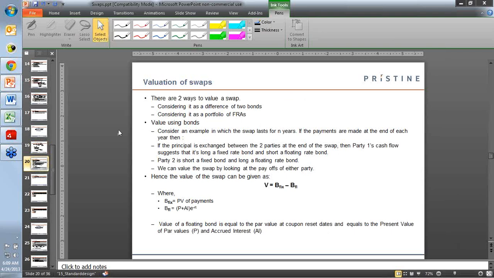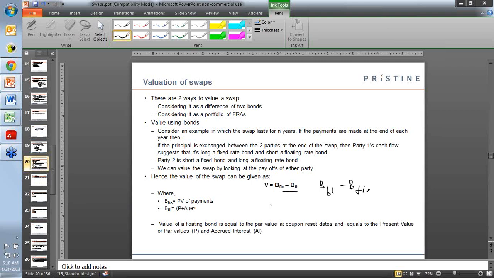Now let's look at how swaps are valued. This is the equation used to value the swaps. Based on which party we are valuing the swap for, we use either this formula or the opposite.